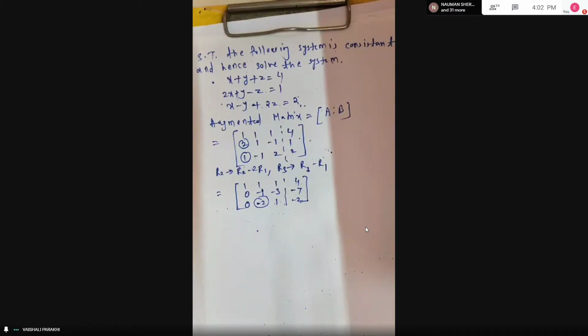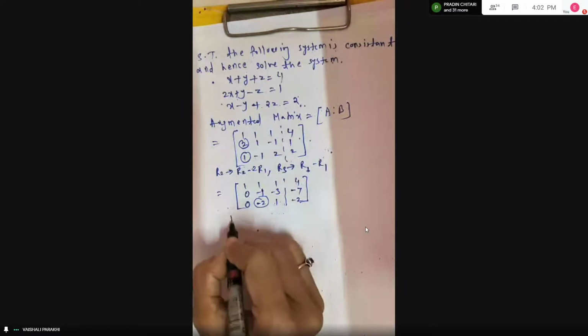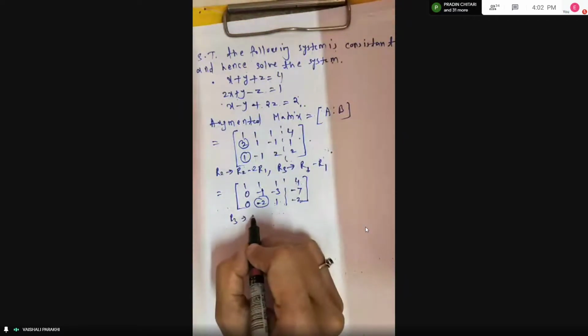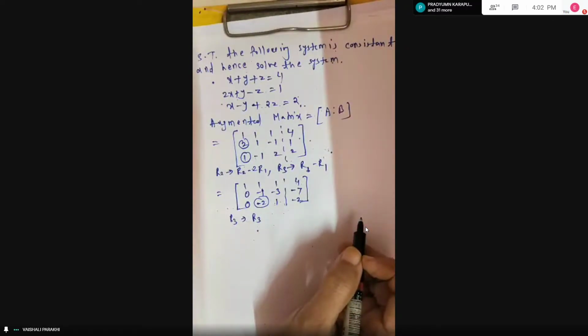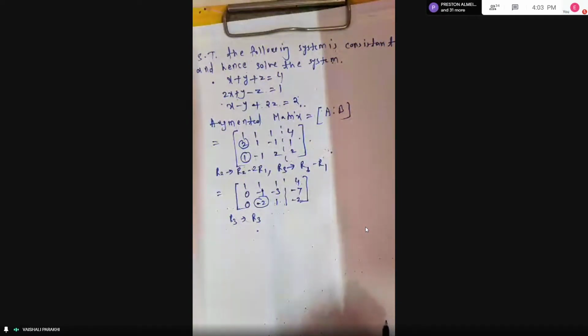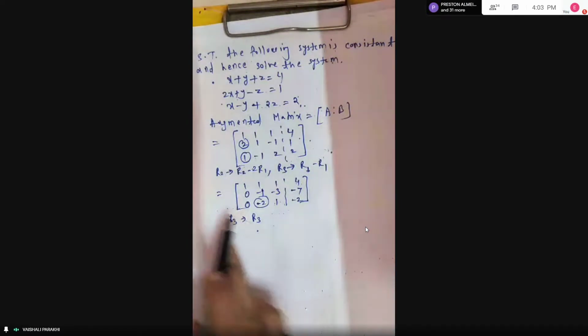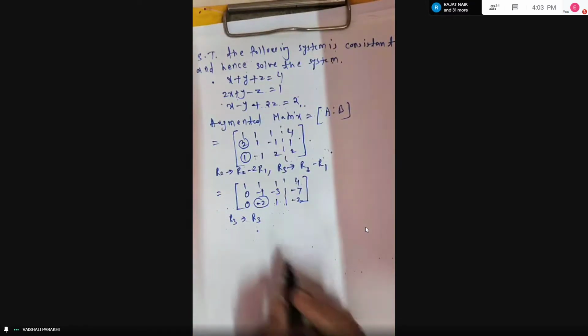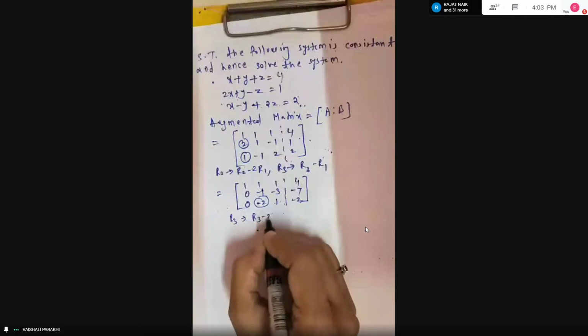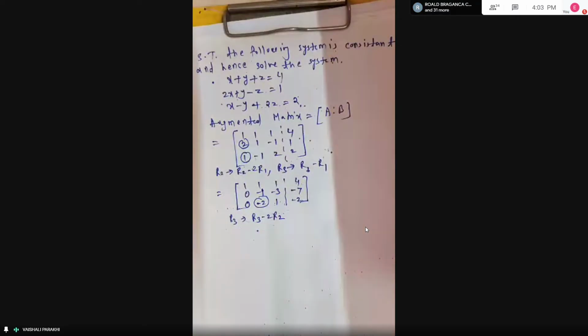R3 changes to R3 minus 2R2. Very good. Minus 2R2, because minus should become plus.